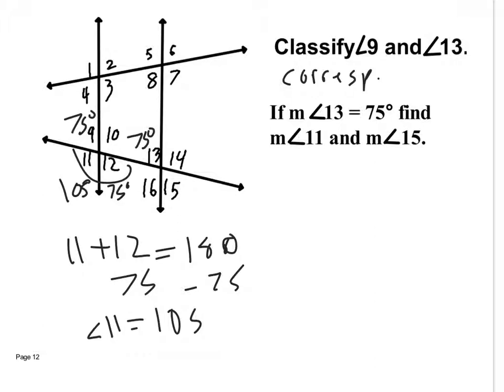And guess what 9 and 11 form? Supplementary angles. They have a backbone of a straight line. So I could take 75 from 180 and get 105. So that's how I could find 11. What about angle 15? Sierra, how could I find angle 15 if all I knew was angle 13?